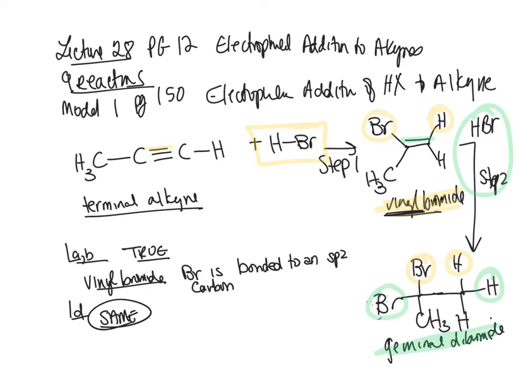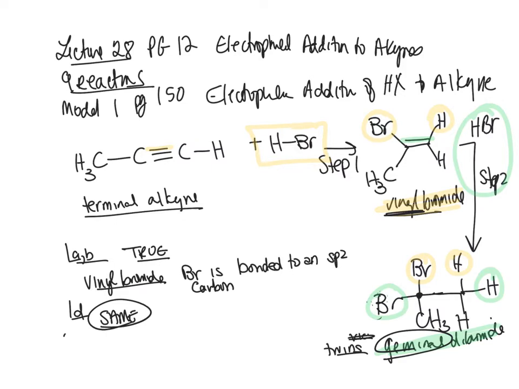Based on your answer to 1E, the term geminal means the bromine groups are bonded to the same carbon. That means twins, I think in Latin, so it's like they're bonded to the same carbon. The other one we saw was vicinal, and that was the neighbor.